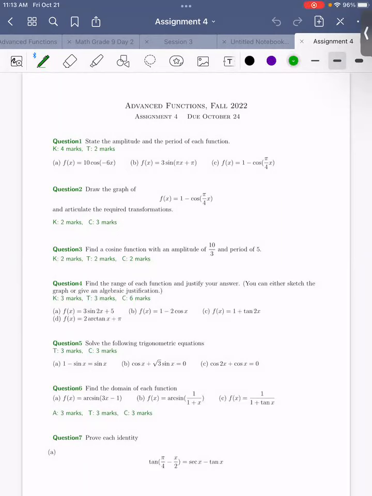How about the period for this one? No. Remember, whenever you have f of x equal to sine or cosine, I just write cosine, but sine is exactly the same.